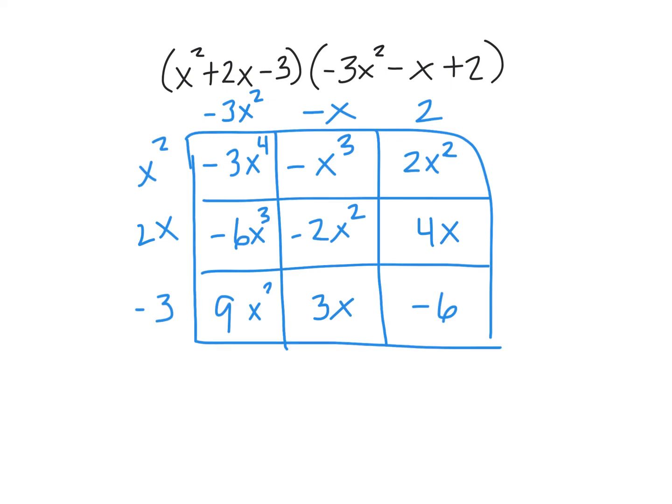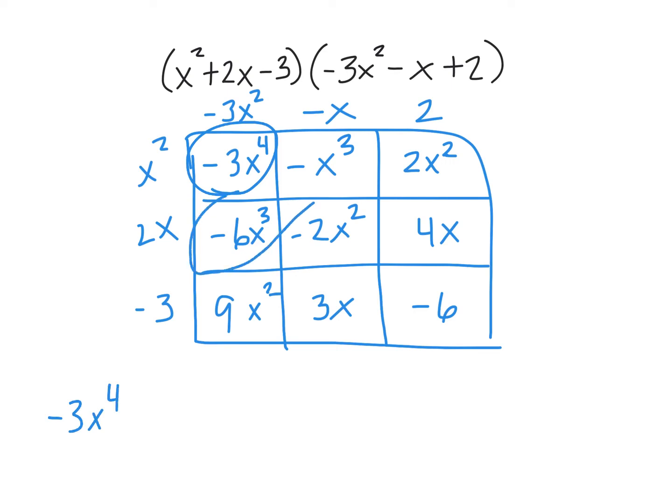You just have to be very careful when you're multiplying a negative times a negative, when the signs are switched. And now we combine like terms, which usually will be the diagonals. Okay, this should be a 2 right here. So there's only one x to the 4th. I write it down here, negative 3x to the 4th.